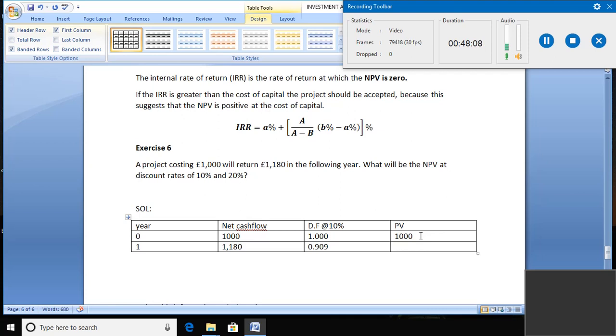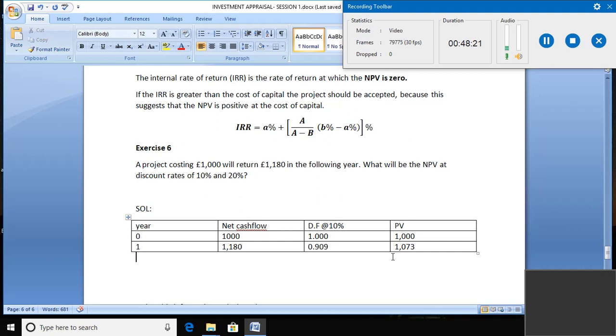So tap that in the calculator. You should have 1,073. Then there we have 1,000. So what's the net PV? What's the NPV?